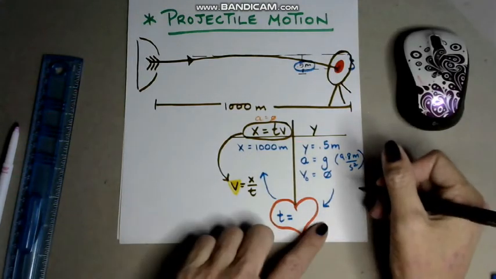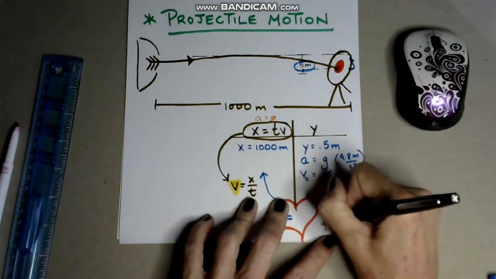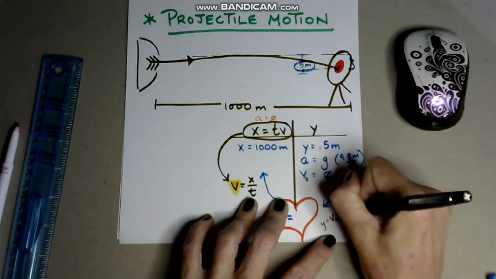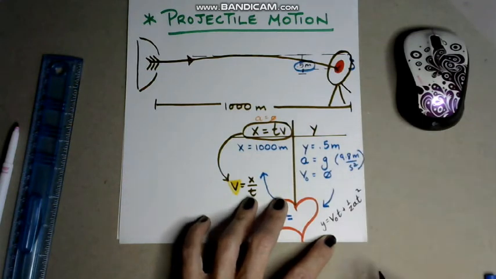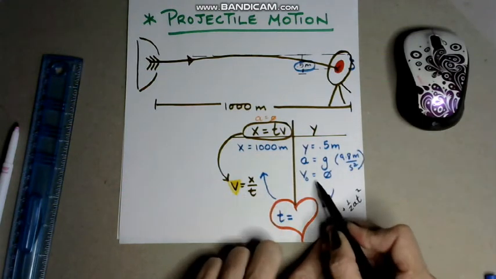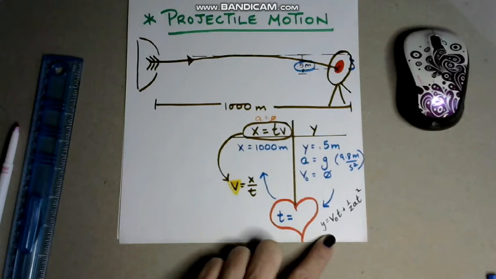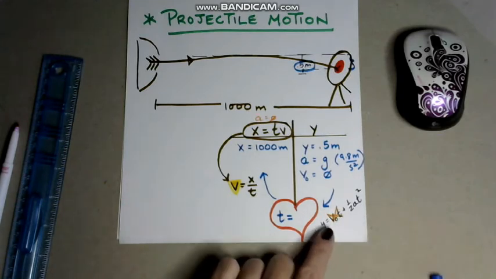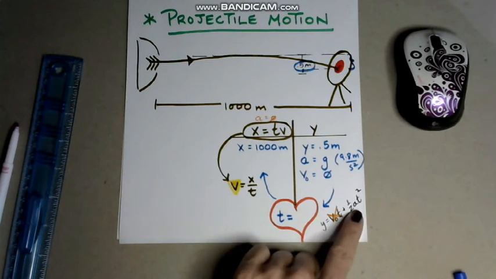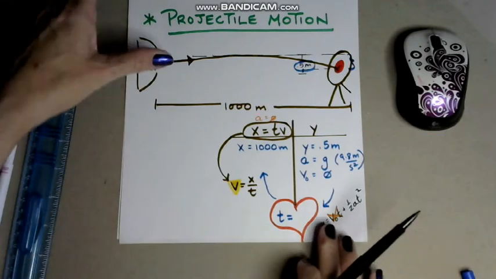The equation that I'm going to use here is y equals v naught t plus 1/2 a t squared. V initial is 0, so this entire term right here gets canceled out. So now what I have is y equals 1/2 at squared.